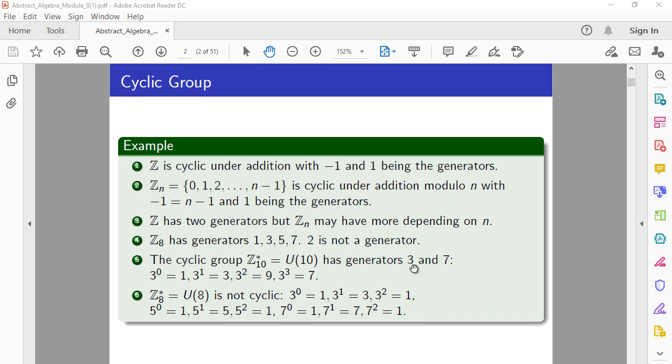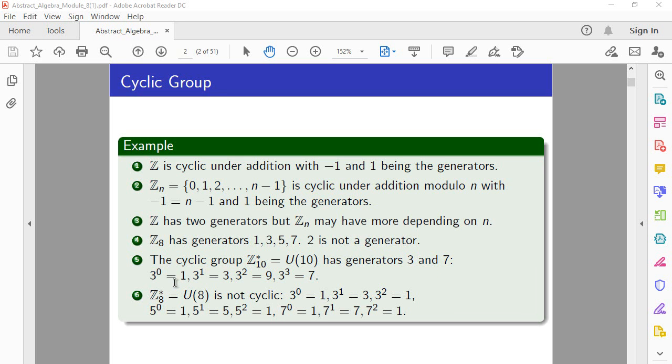So you take the powers of 3 here. 3 to the 0 is 1, 3 to the 1 is 3, 3 to the 2 is 9, and 3 cubed, 27 mod 10, is 7. So notice that powers of 3 cover all the elements of Z10 star. So 3 is a generator, and you can check the same for 7.